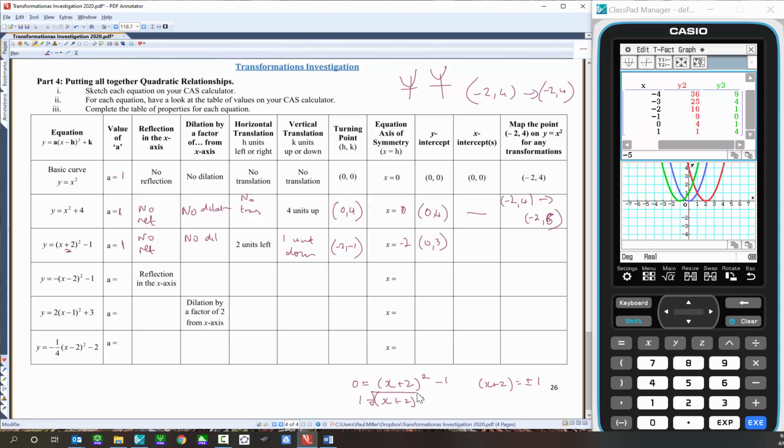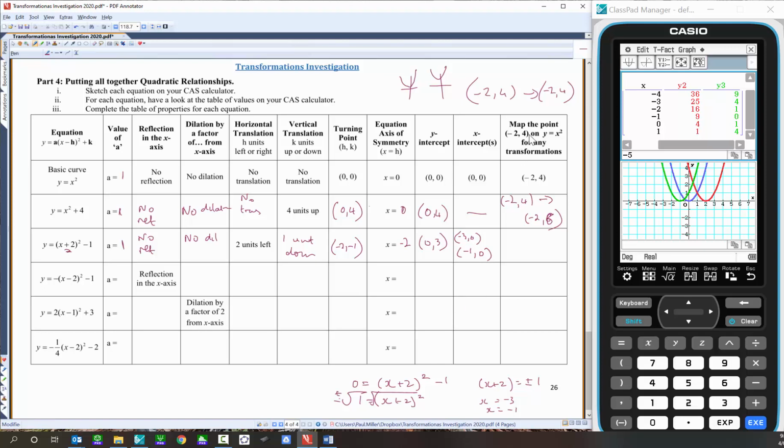So when we root both sides like so, we do get that plus or minus. And the square root of 1 is just 1. Then we're going to remove 2 from each of these solutions, and we're going to get x is equal to negative 3 and x is equal to negative 1. Okay, so we've got 2 x-intercepts, one at negative 3, 0, and the other one at negative 1, 0.